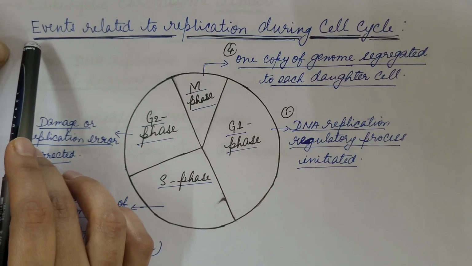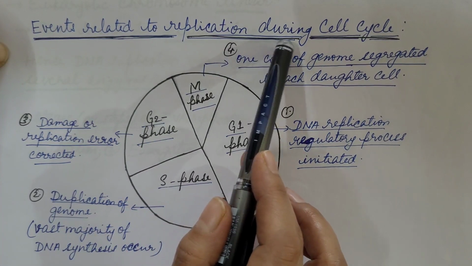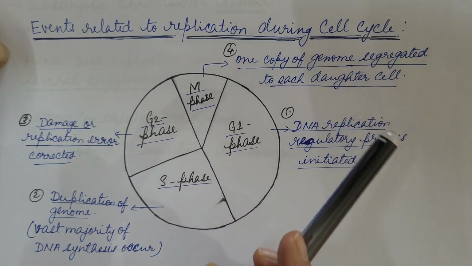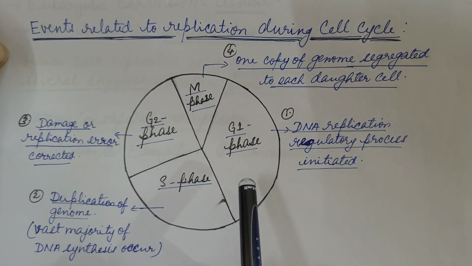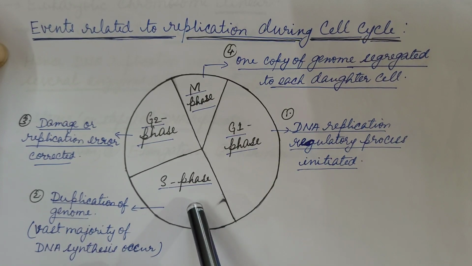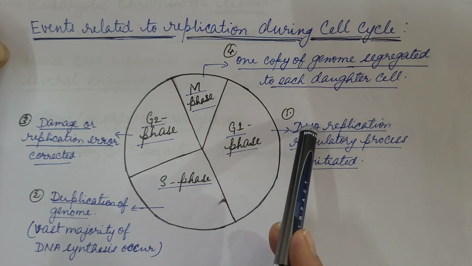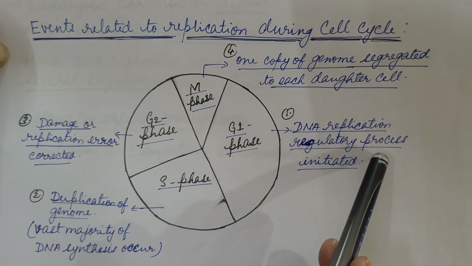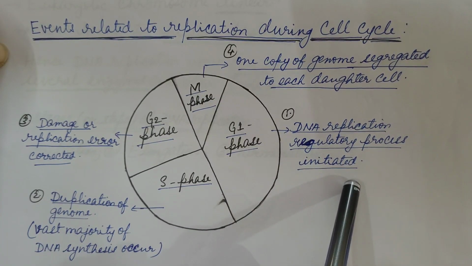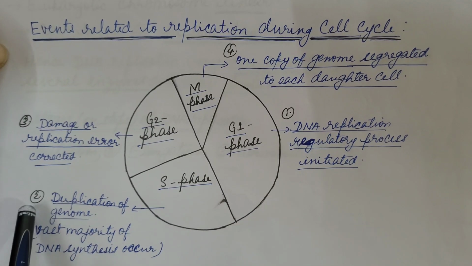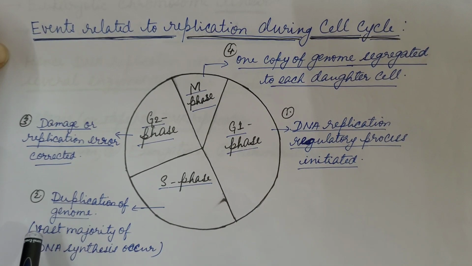Now, let us see the events related to replication during the cell cycle. In the cell cycle, we have discussed that there are four phases: G1 phase, S phase, G2 phase and M phase. In the G1 phase, DNA replication regulatory processes are initiated. In S phase, duplication of the genome takes place. The vast majority of DNA synthesis occurs, so it is known as the synthetic phase.